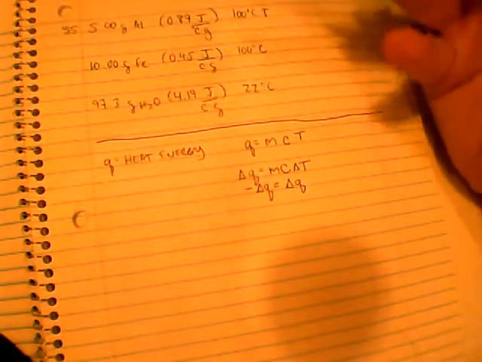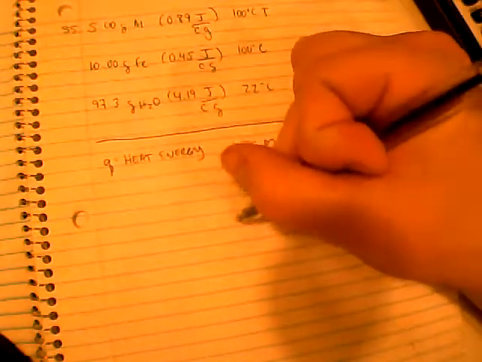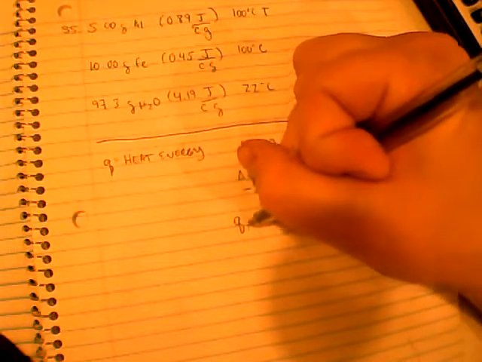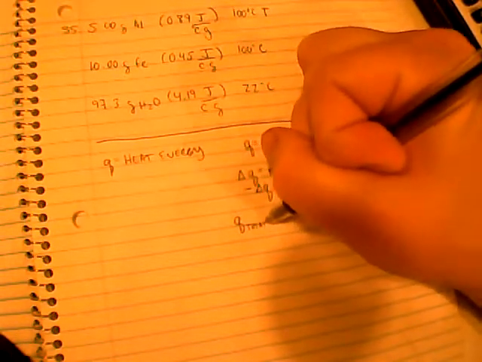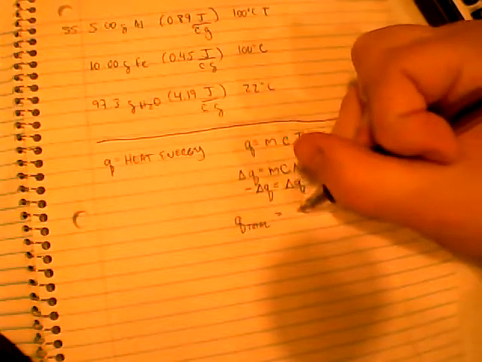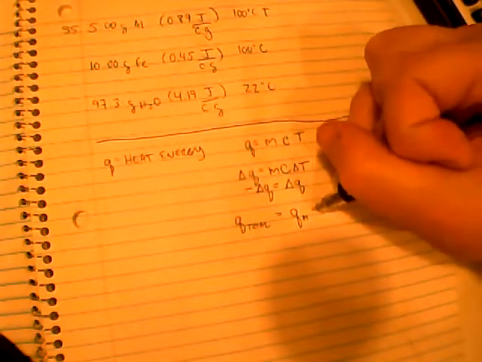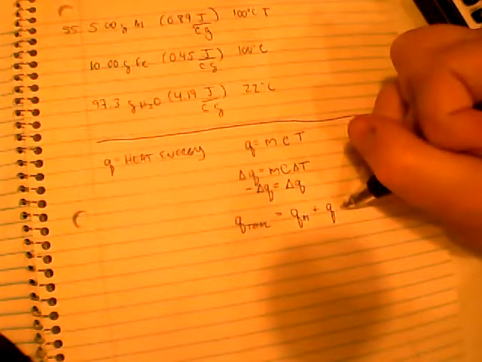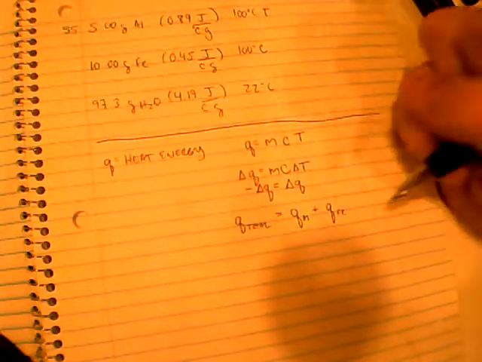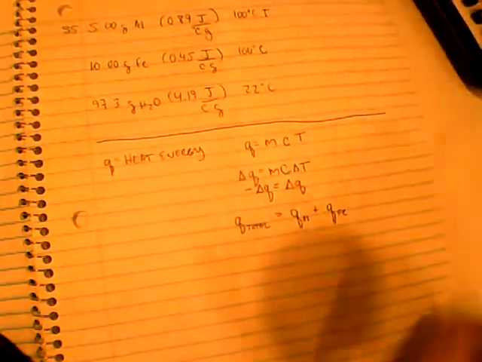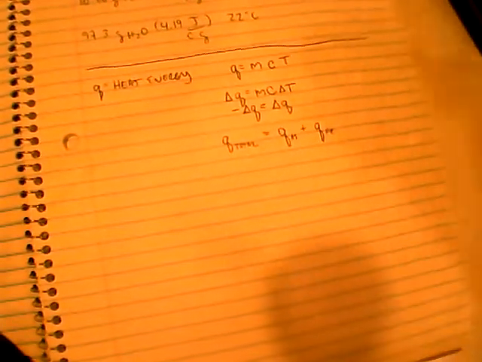So we need to realize first that the total energy is going to be equal to the energy from the aluminum plus the energy from the iron. All right? Well, that makes sense. Let's slide this down just a little bit.